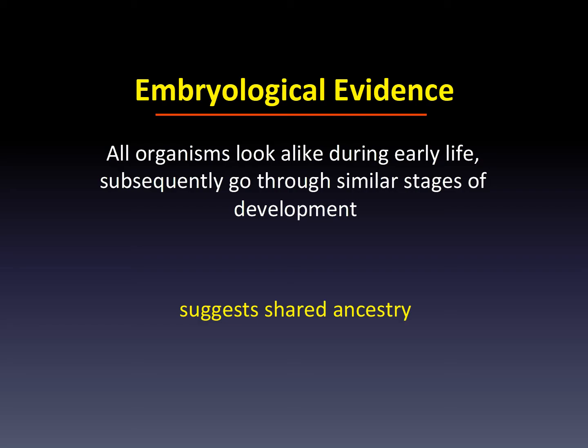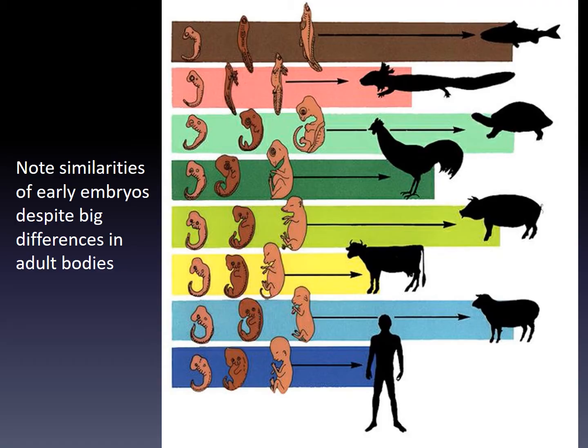And it's only later that we start looking like animals that belong in vastly different habitats. This also suggests shared ancestry if we inherited our developmental stages in our very, very early embryological morphology from that ancestor. So here's some drawings of embryos.